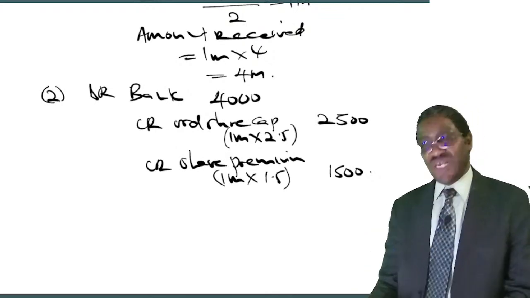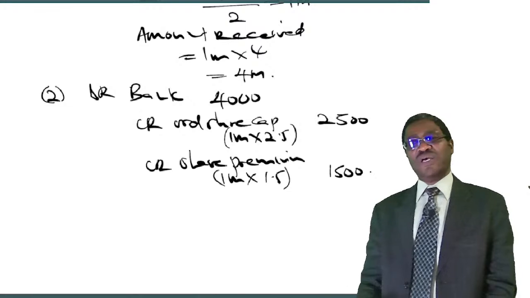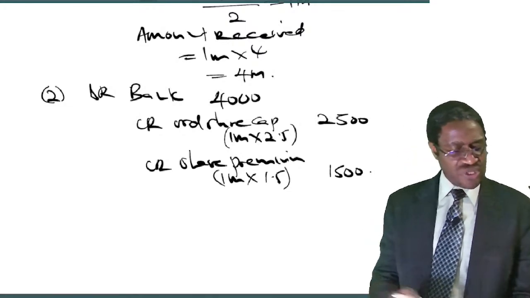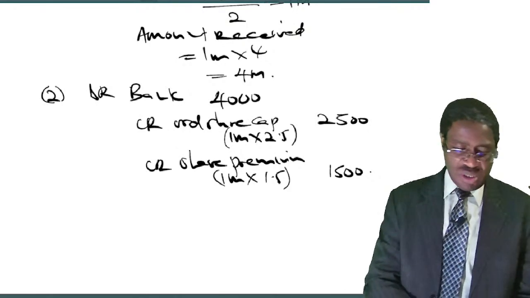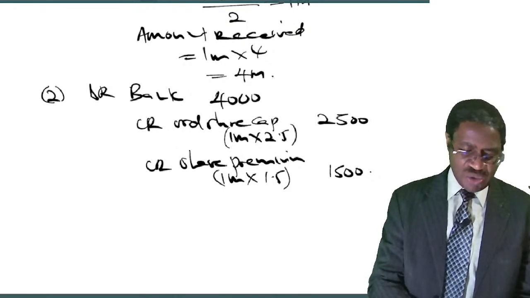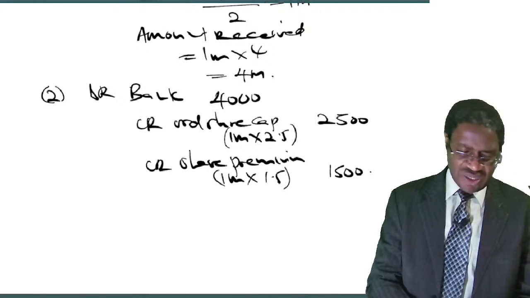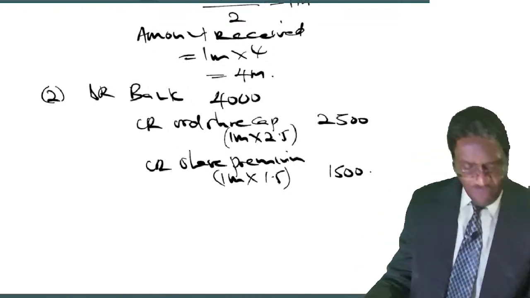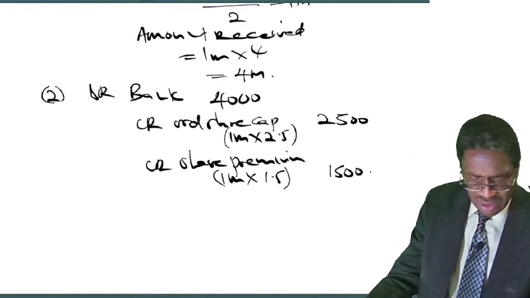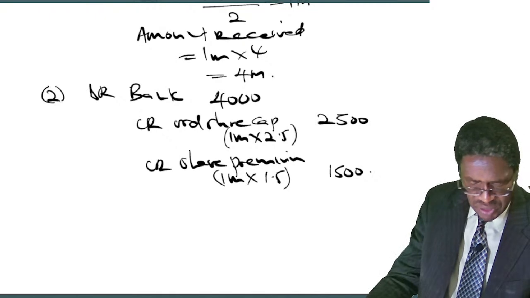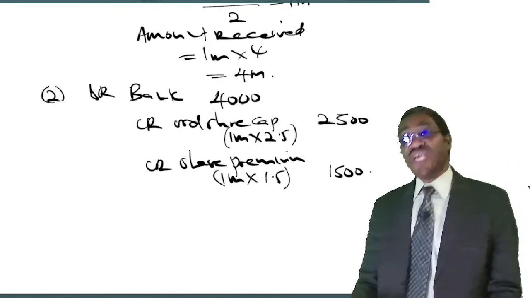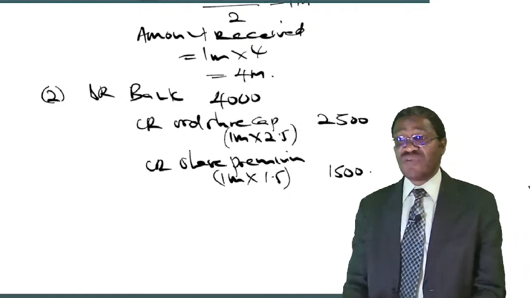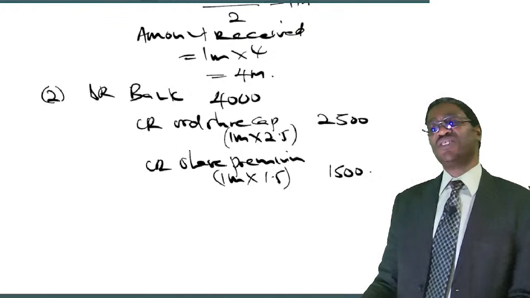Good. So write somewhere: amount received from the issue of ordinary shares.